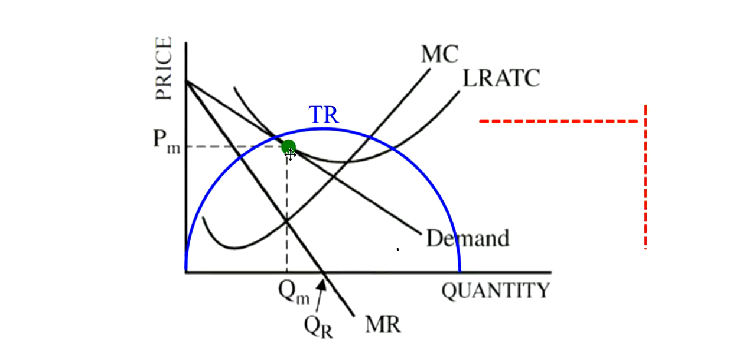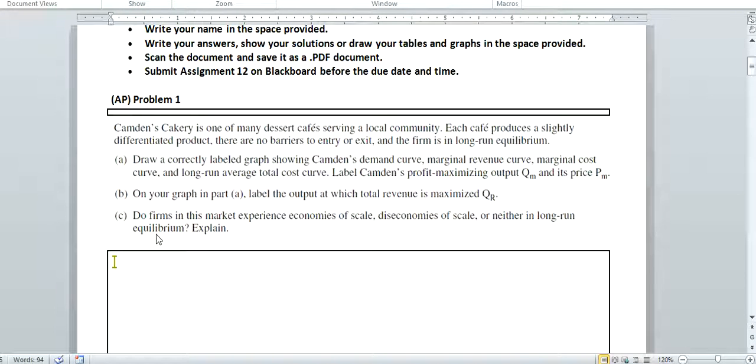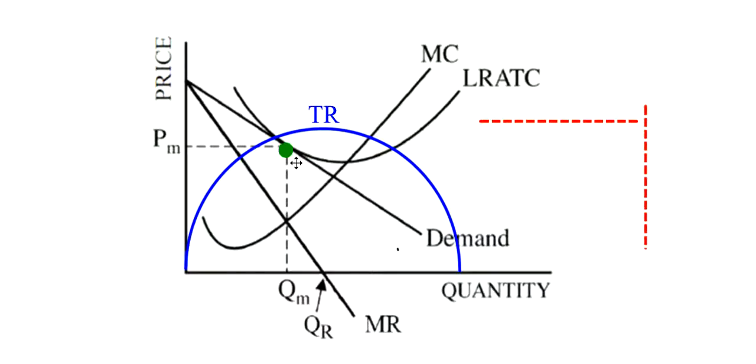So that would tell us that we are experiencing economies of scale. And I believe that takes care of everything that we wanted to answer for number one. The other way you could say this to answer part C is you could just simply say that we are producing at a quantity that is to the left of the minimum point on the long run average cost curve. Okay, problem 1.